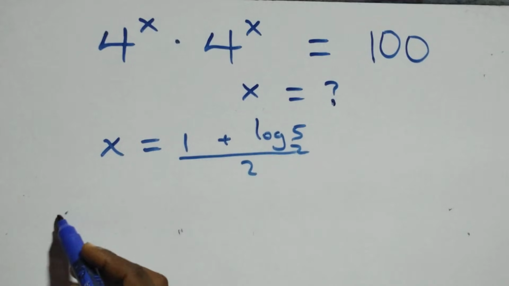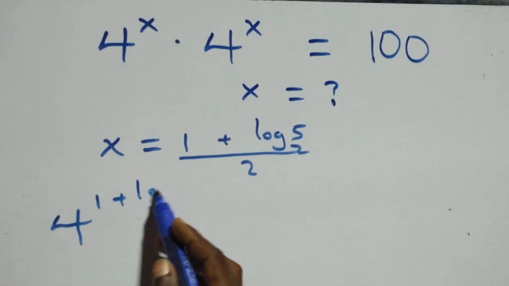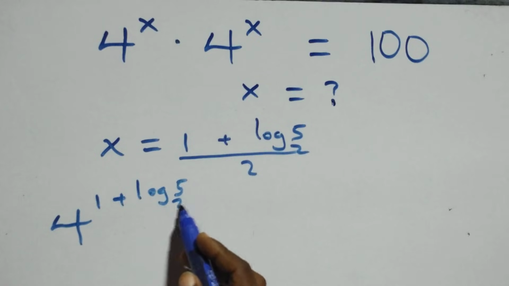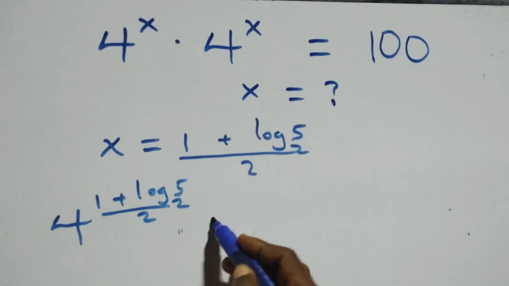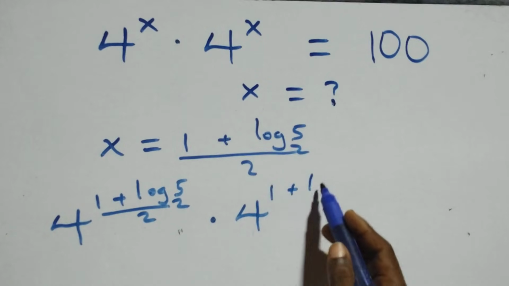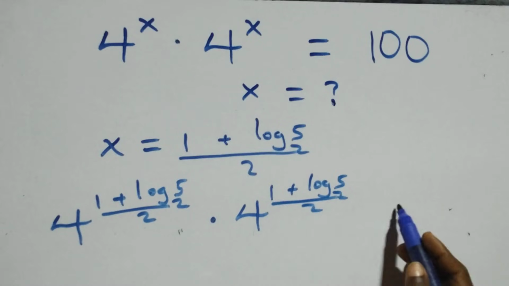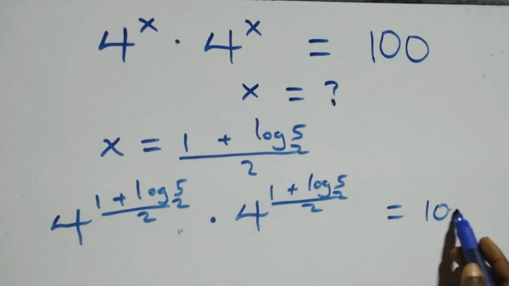Here what we have becomes 4 raised to power 1 plus log 5 base 2 all over 2, times also 4 raised to power 1 plus log 5 base 2 all over 2. Does it equal 100 on this side?